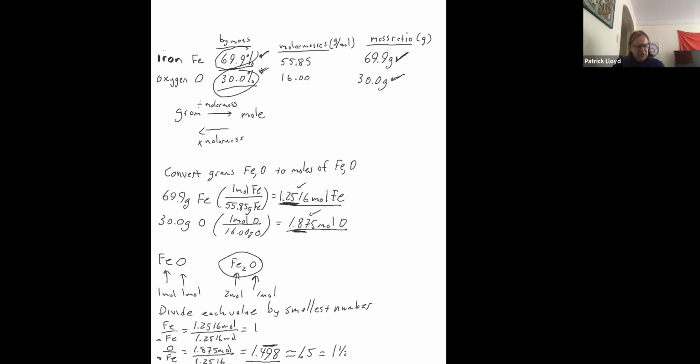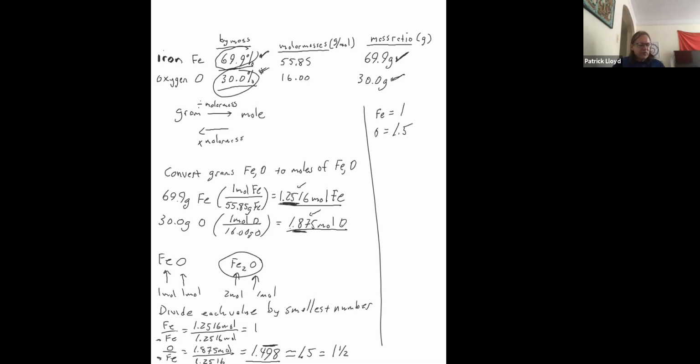As a mixed fraction, 1.5 means 1 and a half. So we don't have a whole number, but we've got a number that we're familiar with. We have 1.5. So here's what we do. We essentially at this stage have iron is 1 and oxygen is 1.5.